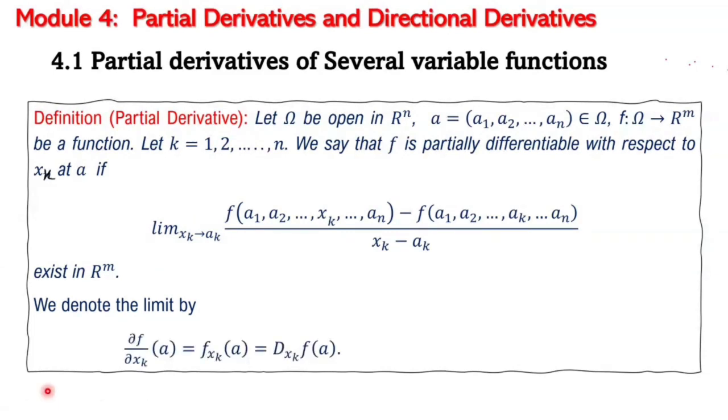We denote this limit by del f / del xk at the point a, or f subscript xk at the point a, and in some cases also d_xk f(a). Different books or different manuals have different notation.